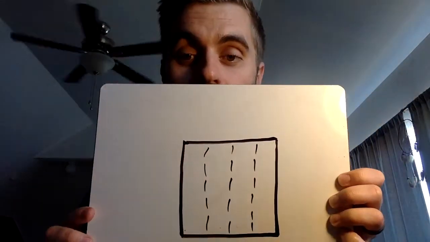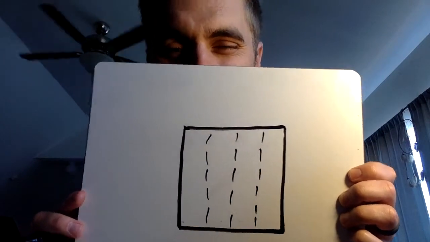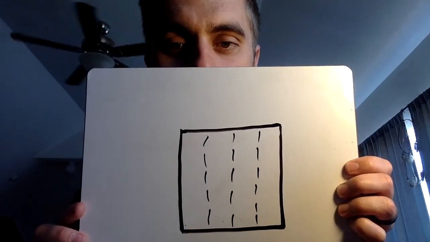So I'm going to draw lines from the top to the bottom. And when I'm done, I'm going to have 1, 2, 3, 4 parts that are almost the same size. We'll say they're equal parts. So here I have fourths. I have 1, 2, 3, 4 equal parts.